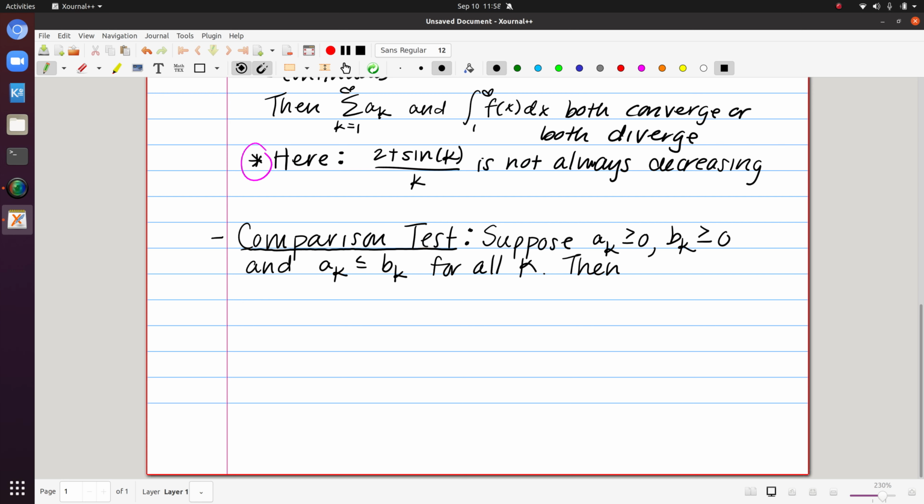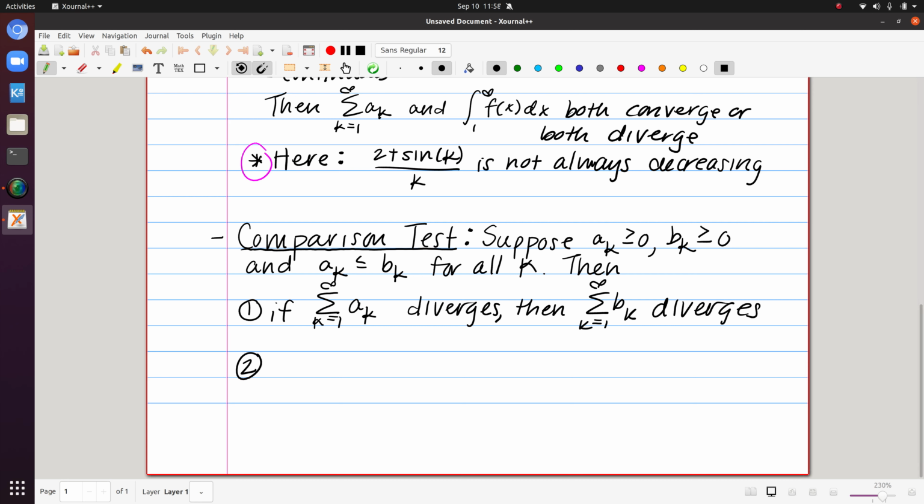Then there are two potential things we could say. If the sum of a sub k, the smaller terms, diverges, then the sum of the b sub k's likewise diverges.